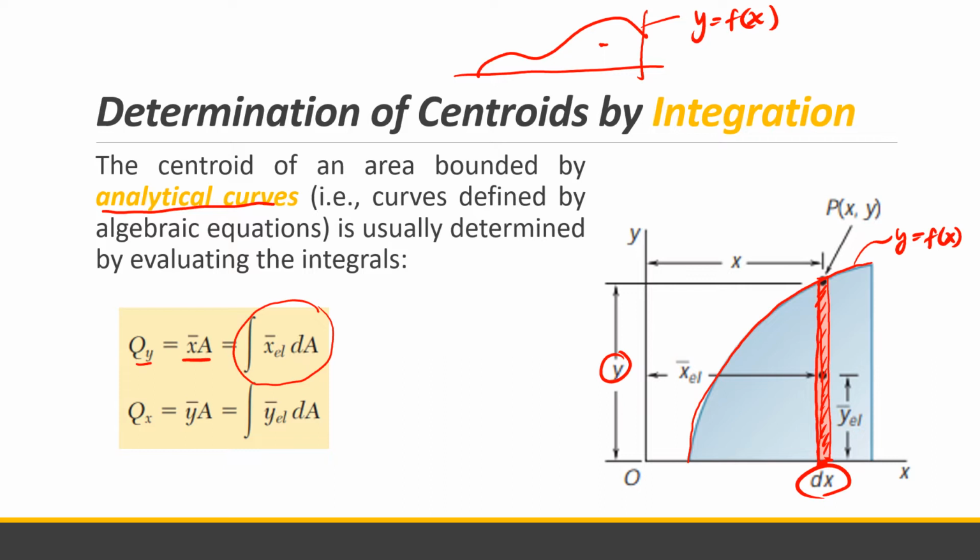So our x bar here, yung center ng rectangular strip na to is of course dito sa center. So our x el is yung distance x natin, and the y bar of this centroid of the elemental strip is y over 2. So hindi natin i-consider na dx over 2, no? Kasi maliit na siya na value eh.